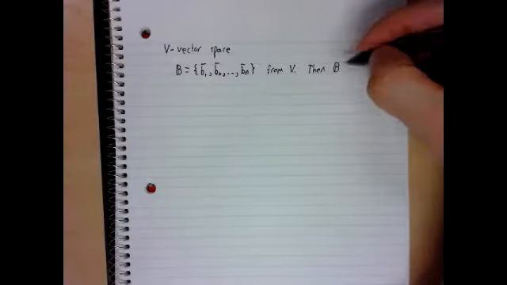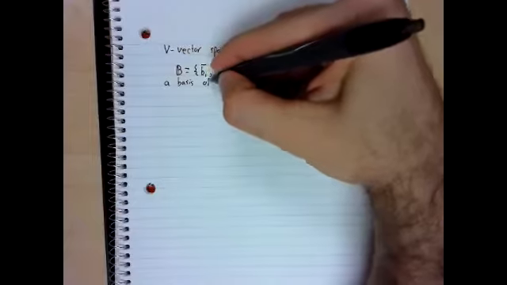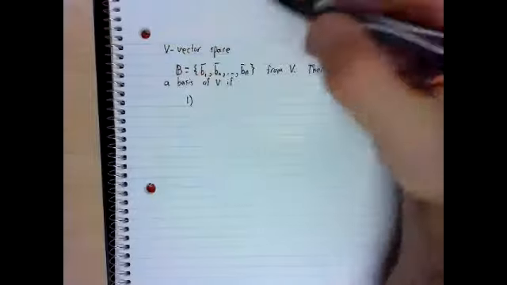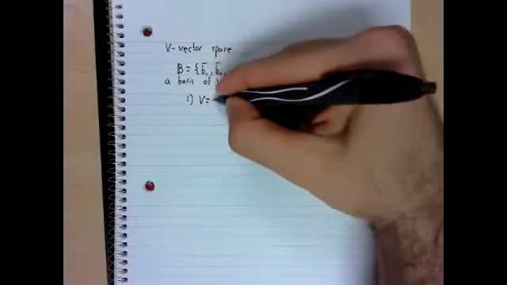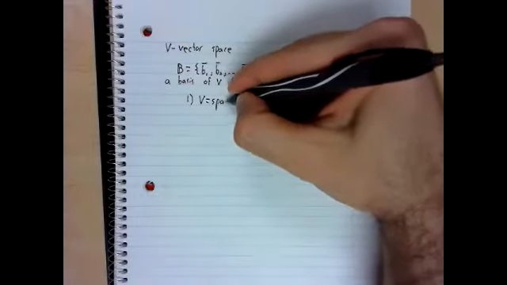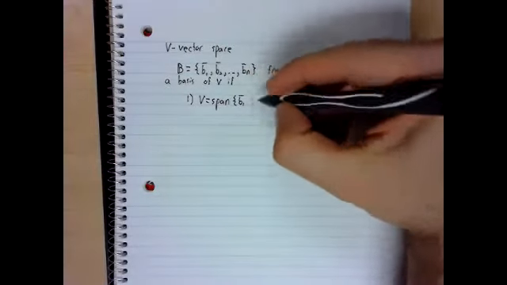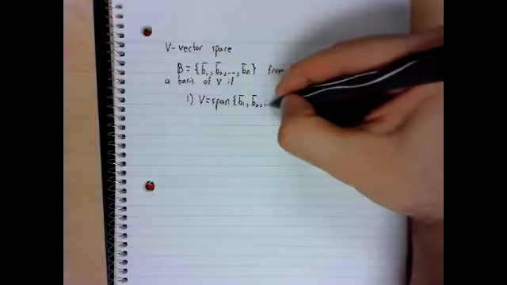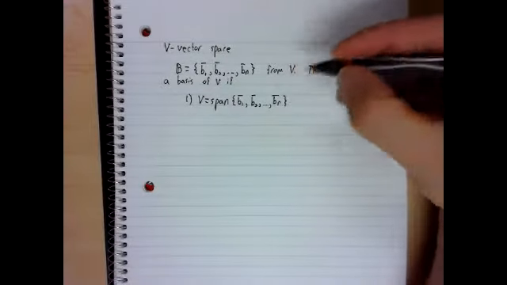Then B is a basis of V if 1, the entire vector space is the span of these vectors.